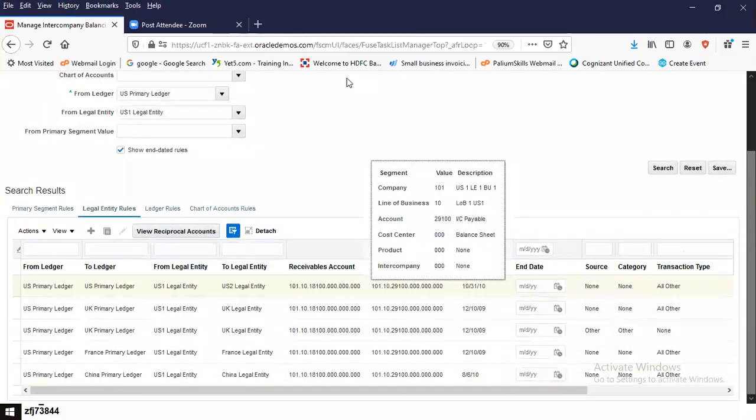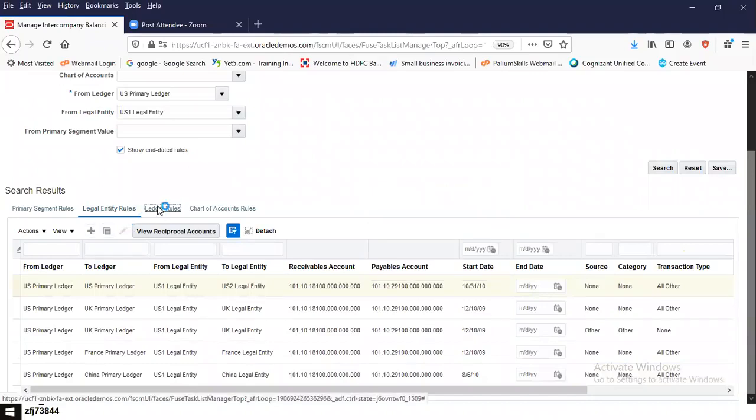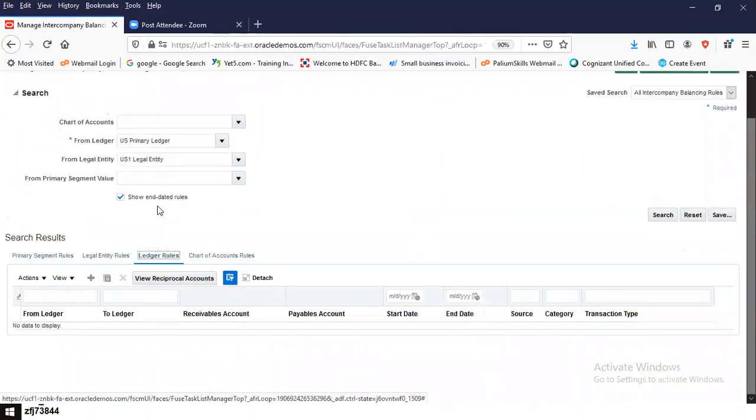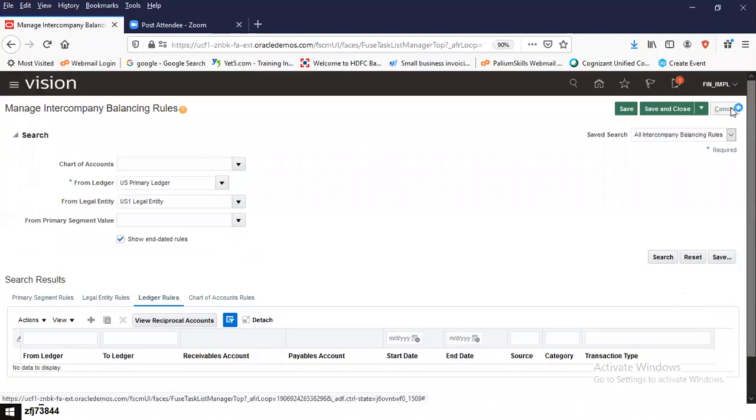These wouldn't be applicable because this is from combination of these two. Okay, so that is the logic behind how the system generates it.